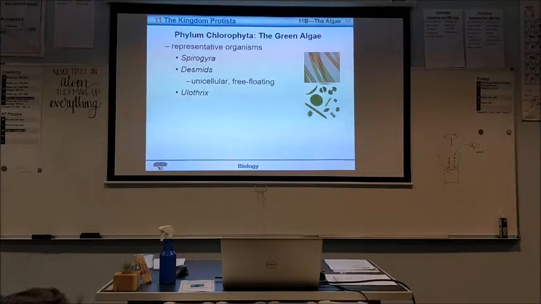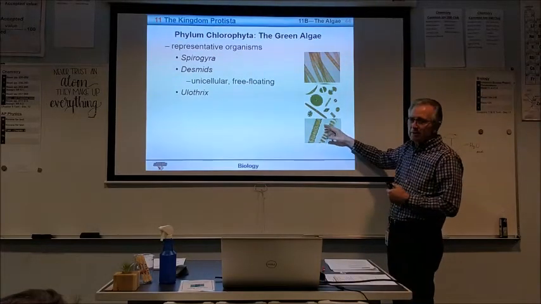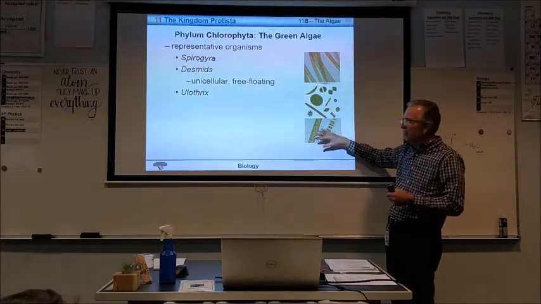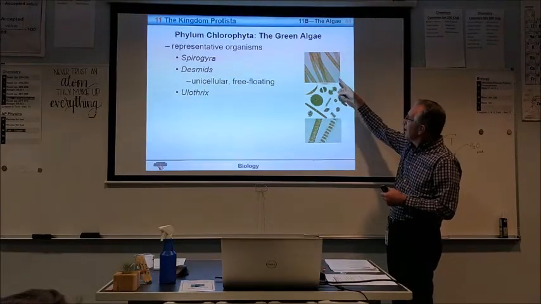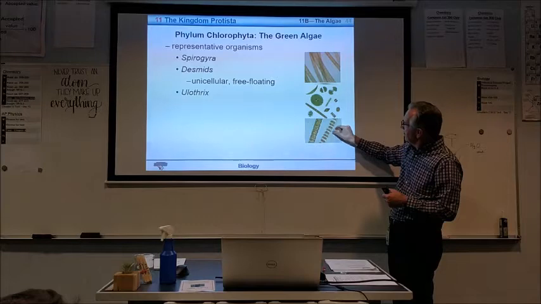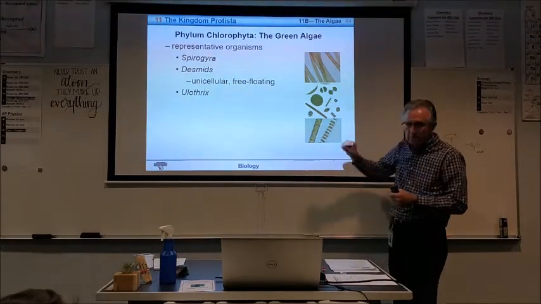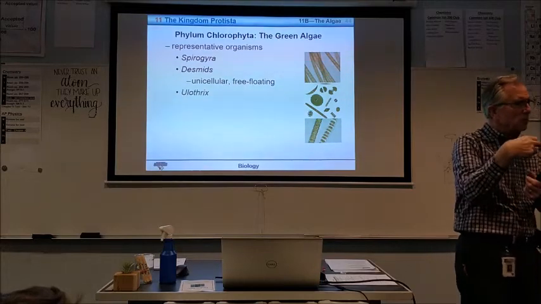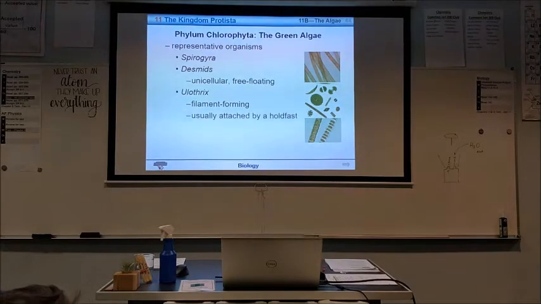We have a Ulothrix, which looks a little bit like that, but it has some other structures in it that if you would look at the filaments, you'd see they're a little bit different. This doesn't spiral like that one does. In some places in here, you might find a bunch of these that have like little clear edges to the cells, but they also form filaments like the Spirogyra does.